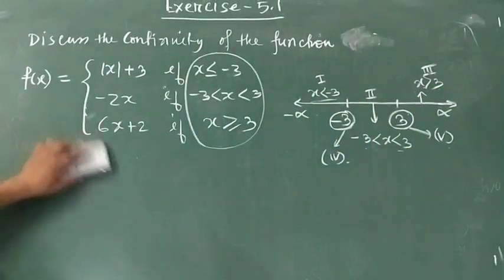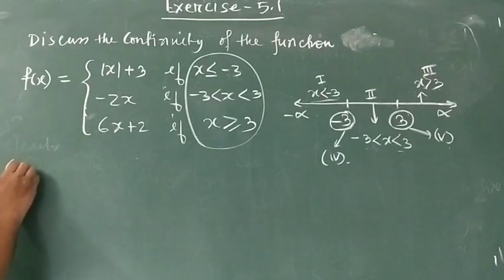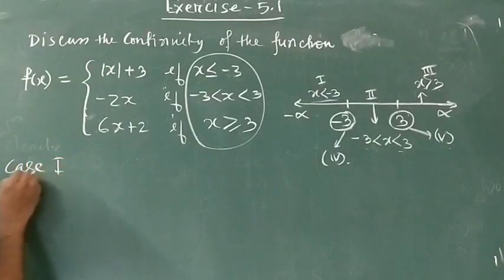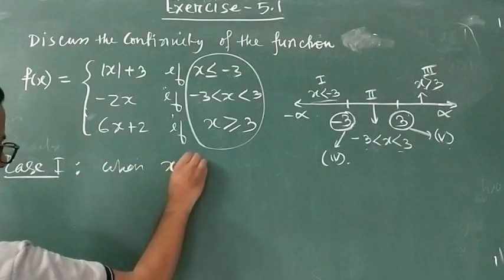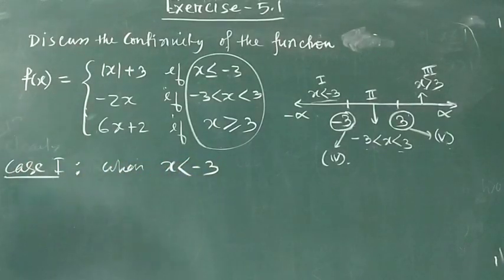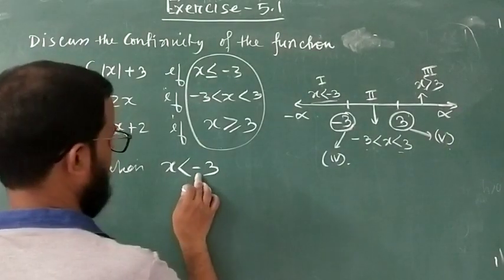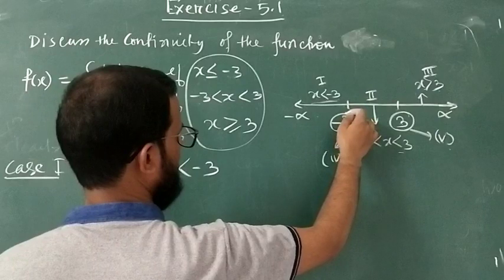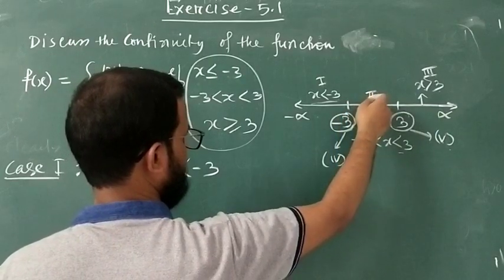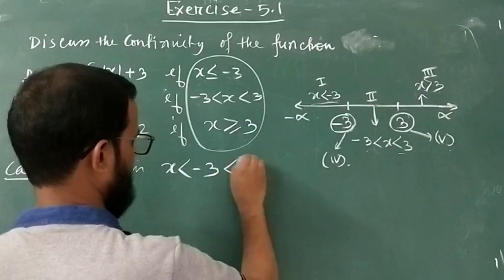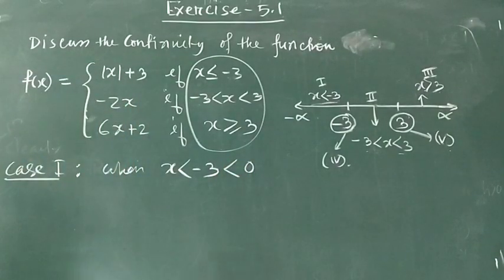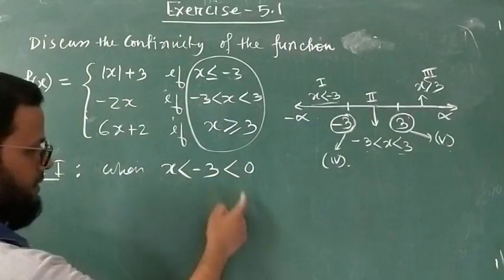So start with case number 1. Case 1, when x less than -3, very interesting. When x is less than -3, and -3 is a number here and 0 is somewhere else, definitely x is less than 0.